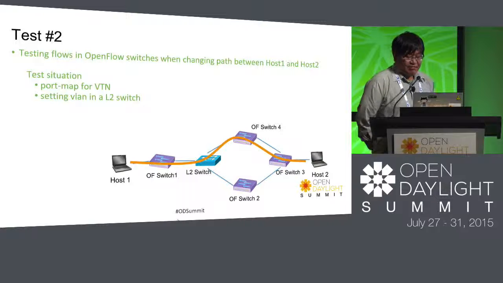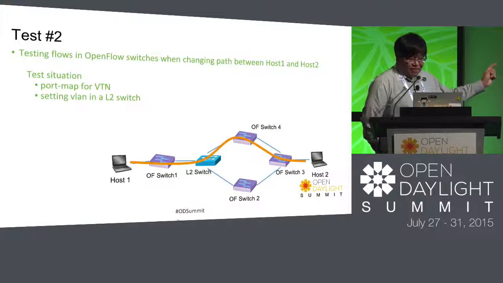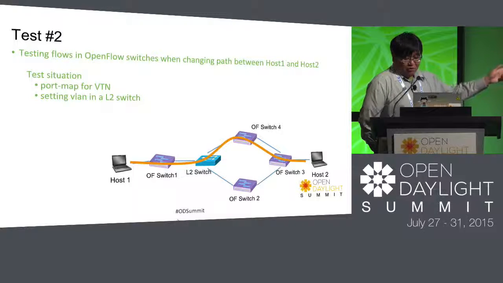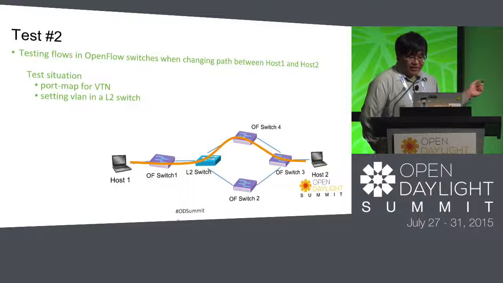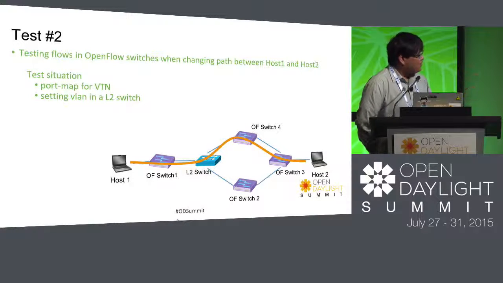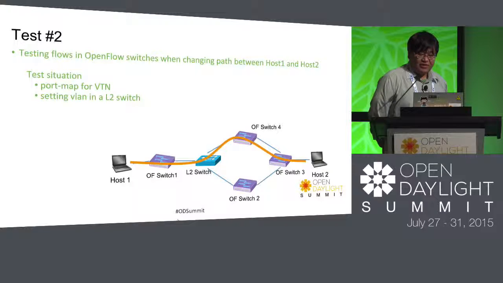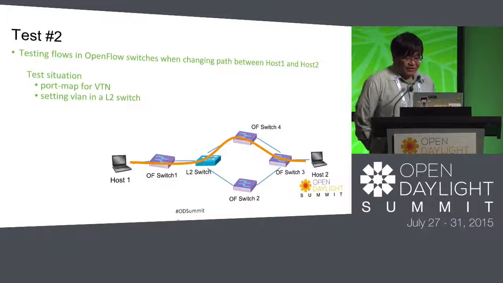Port-based VLAN is set in the L2 switch as follows: VLAN 10 between the L2 switch and OpenFlow switch 4, VLAN 10 between the L2 switch and OpenFlow switch 1, and VLAN 20 between the L2 switch and OpenFlow switch 2. OpenDaylight manages all OpenFlow switches.